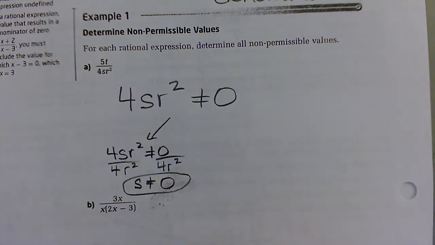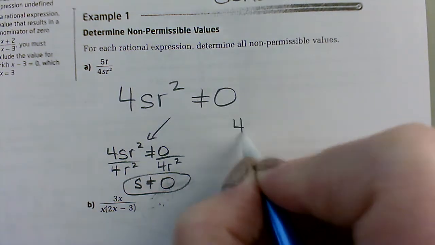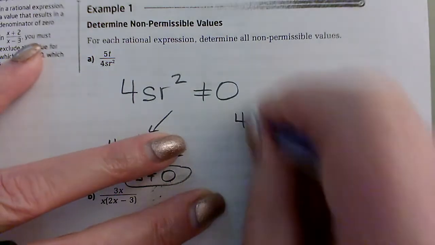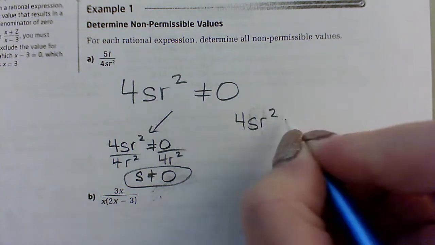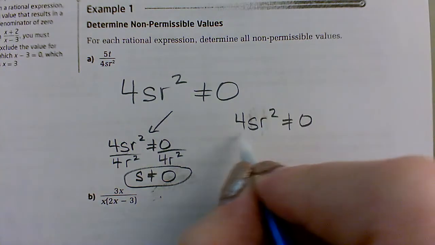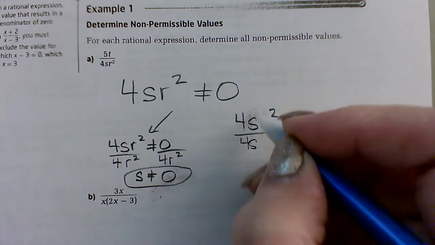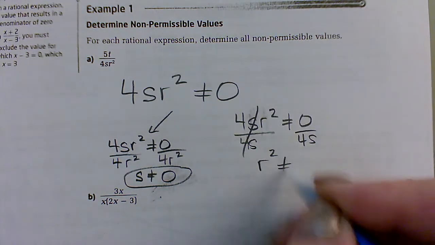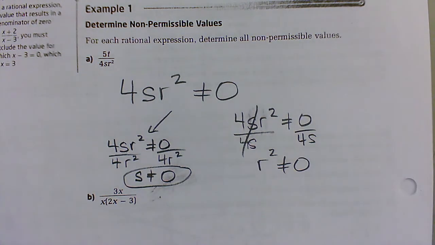Is that going to be the same answer for my R? Yeah, but we'll prove it mathematically. 4SR squared cannot equal 0. I'm going to divide by the 4S. R squared is not equal to 0 divided by anything, which is still 0.